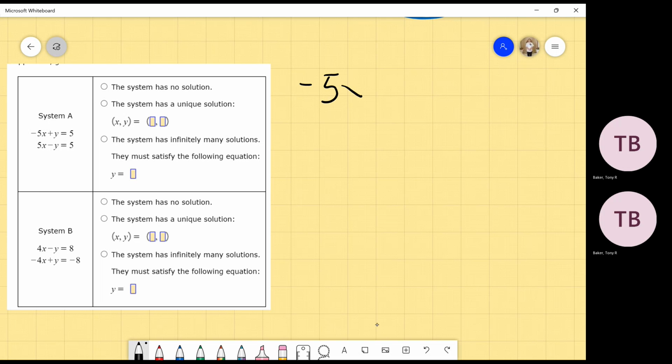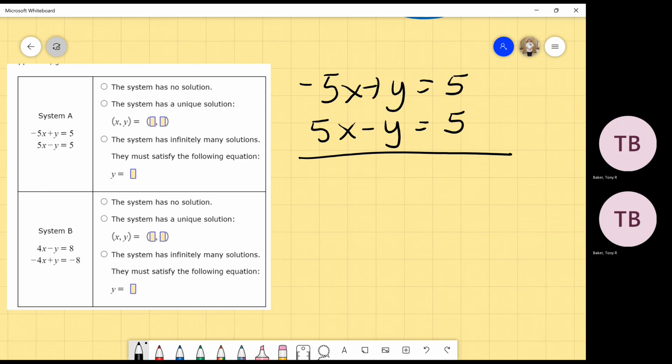So I got negative 5x plus y equals 5, and 5x minus y equals 5. Do I have a letter with the same number? Does it have different signs? Good. So I don't have to actually do anything. This is going to be gone, and that's going to be gone.